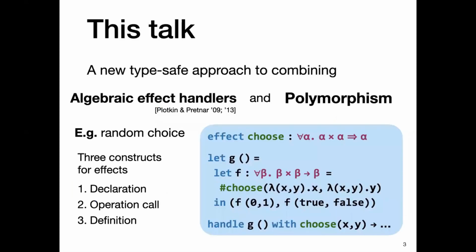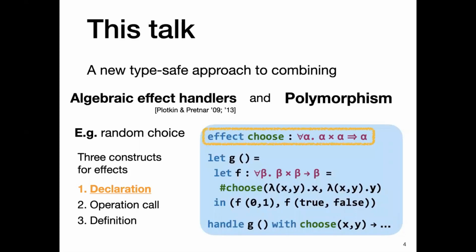Okay, so let's show one example of using algebraic effect handlers and polymorphism. Algebraic effect handlers provide three constructs to implement the effect. The first construct is effect declarations, which is used in the first line of the running example.